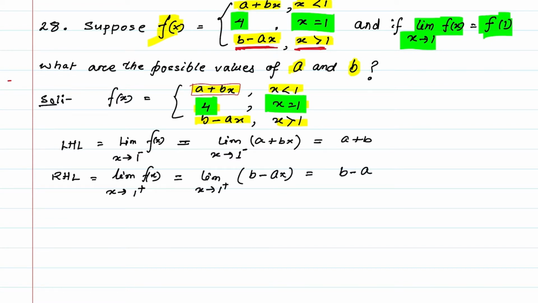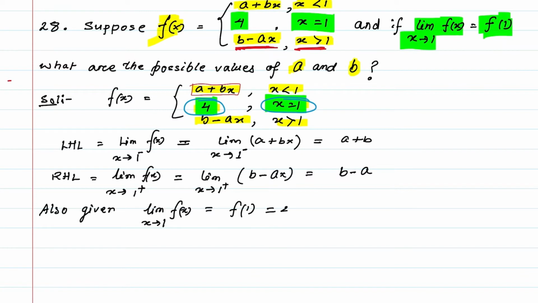Here one more thing is given also. Given that limit of the function f of x as x tends to 1 is equal to f of 1. And we know for x equal to 1, f of x is 4. That means we can say f of 1 is equal to 4.